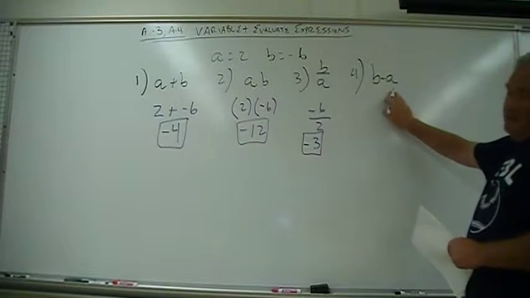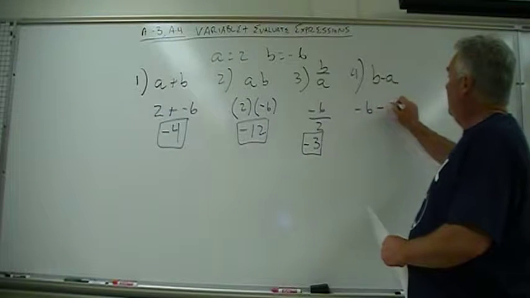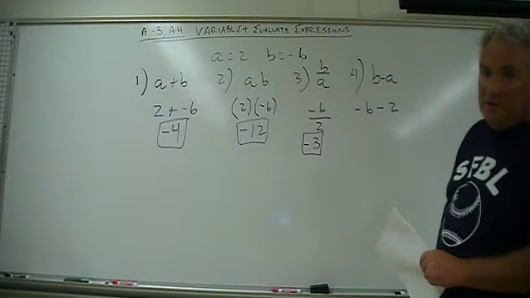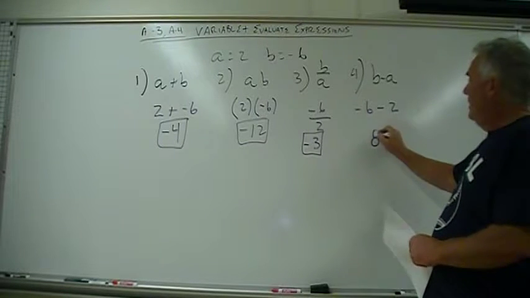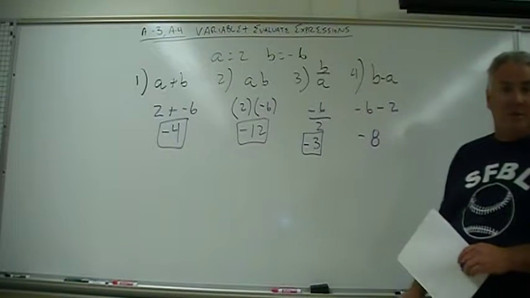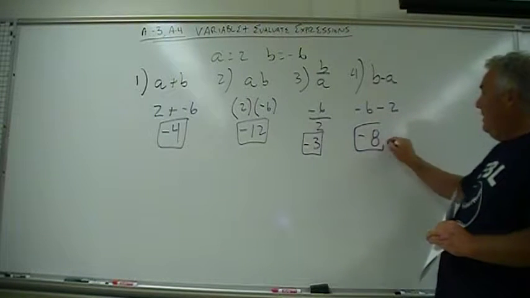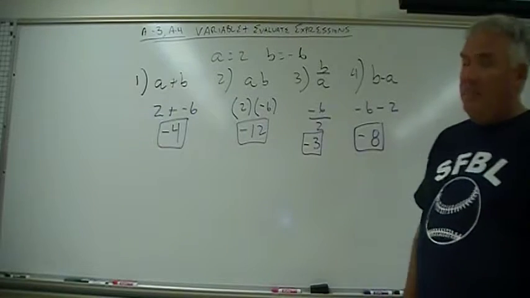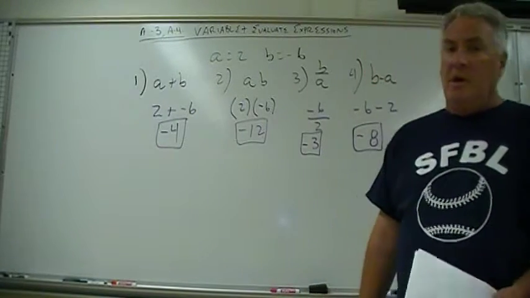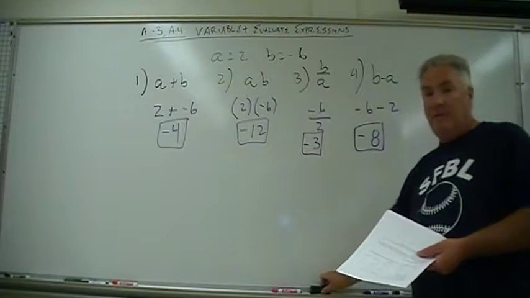And then B minus A, -6 minus 2, again, it's an integer problem. The signs are the same, add the numerals, keep the same sign, so that we have -8. And there's our answer. So this involves the 4 basic operations of evaluating an expression, substituting in, and doing the math.